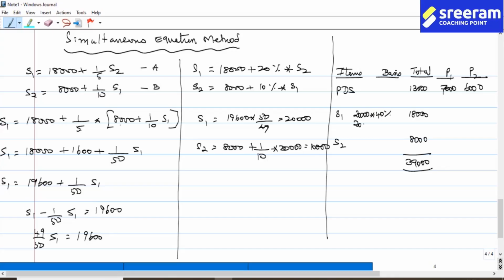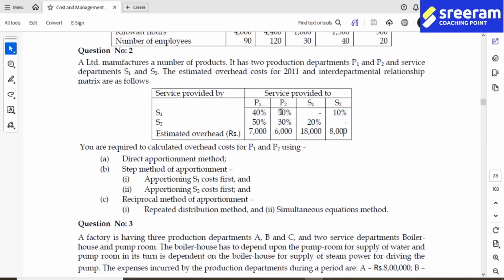On the figure of 20,000, I will apply 50%. Where am I getting this from? This is the 20,000. Correct? Where am I getting 40% and 50%? It is from the problem, 40% and 50% I have. I am not doing it in the ratio 4:5. It is not 4:5. It is 40% and 50% I am applying.